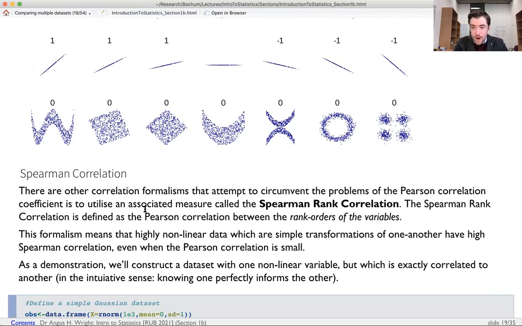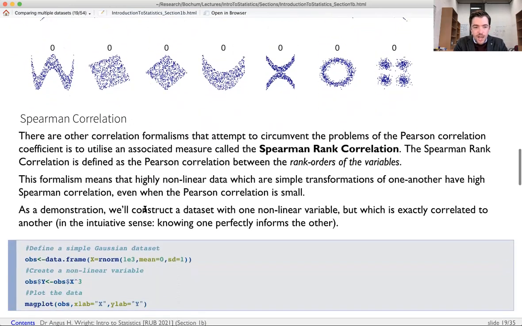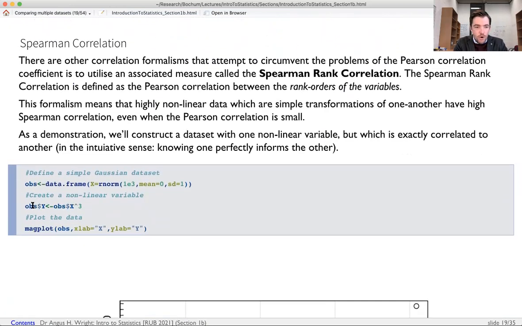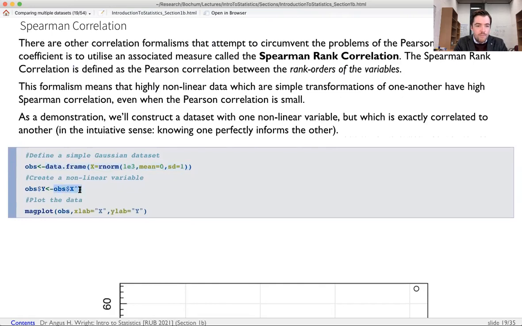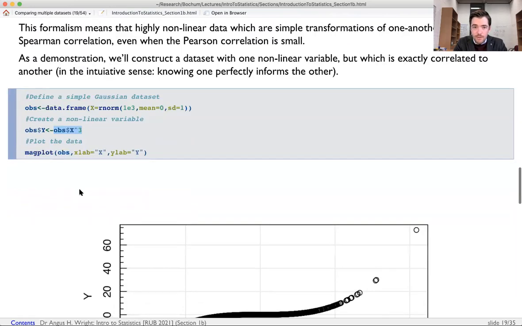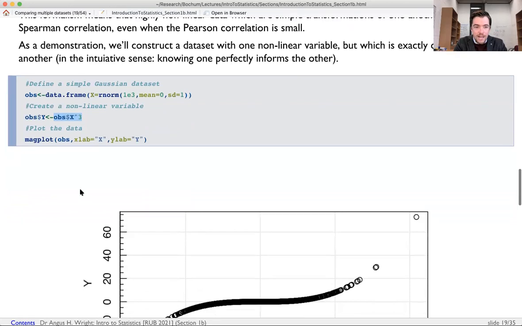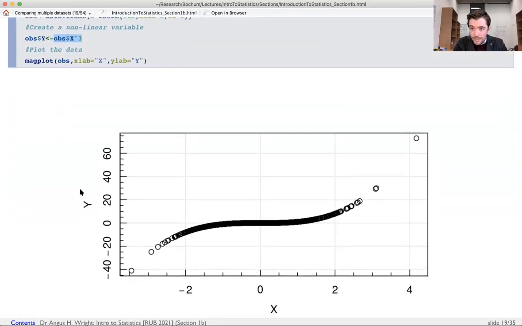What the Spearman rank correlation does is it takes the data, which is non-linear. So let's create a non-linear data set. We have a variable X, which is just a normal Gaussian data set. And then Y is perfectly correlated with X. That is to say that when you know X, you perfectly know Y because it's just X to the power of 3.